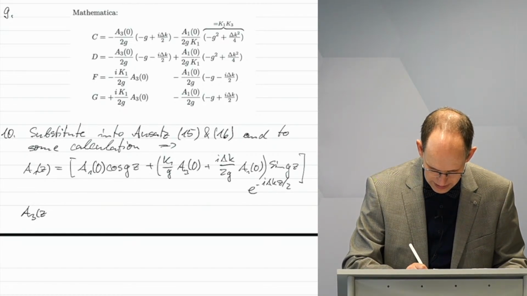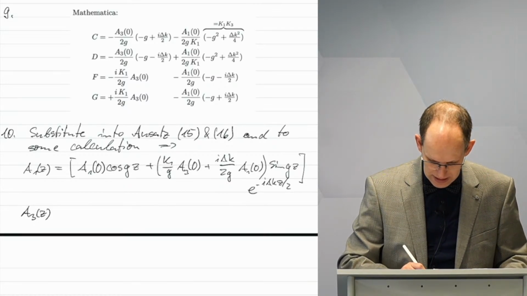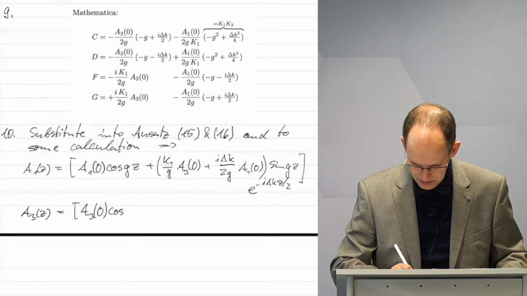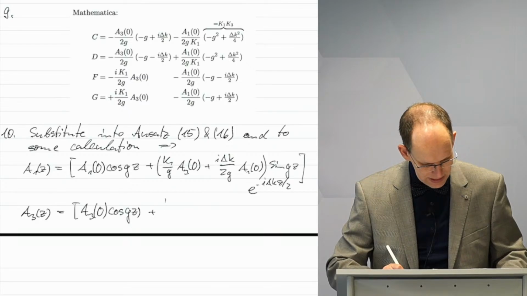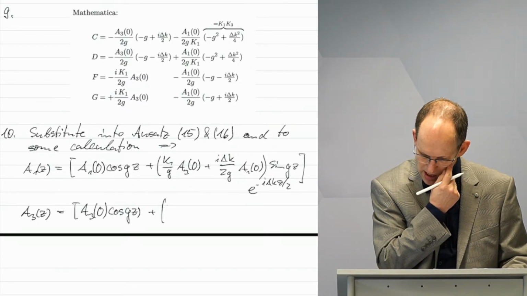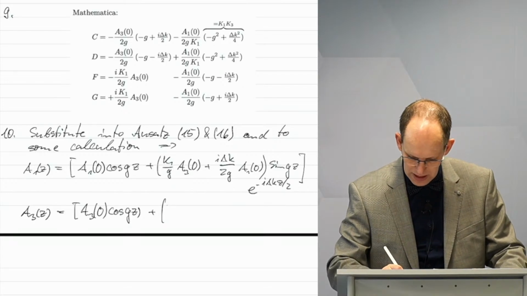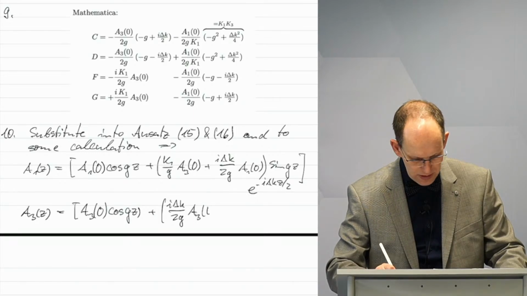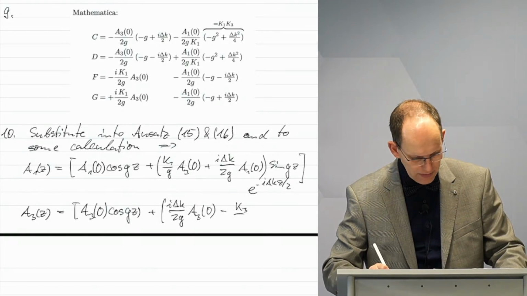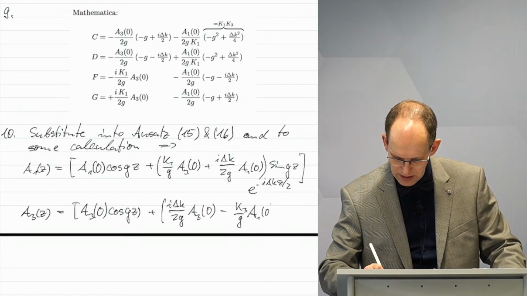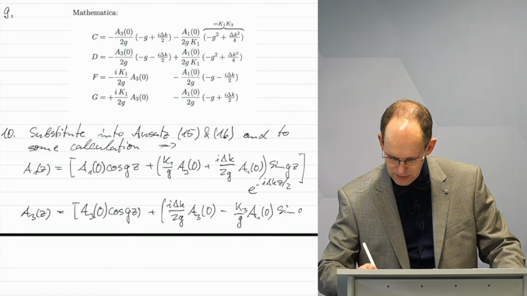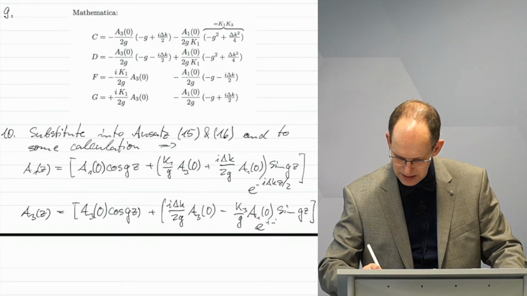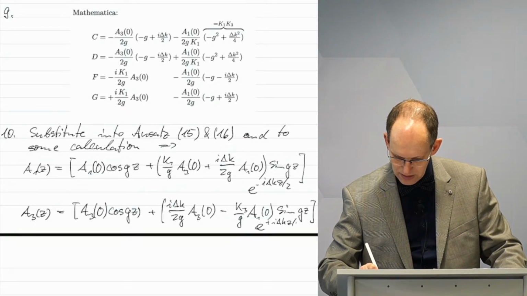And similar for A3. There we have A3 of 0 times the cosine of G times z plus I delta K divided by 2 times G A3 of 0 minus K3 divided by G A1 of 0 times the sine of G times z, and then e to the plus I delta K z over 2.